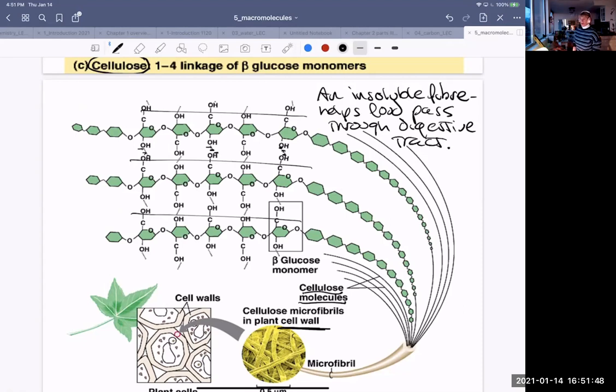We cannot digest it for its nutrients. Cows can, but we cannot.